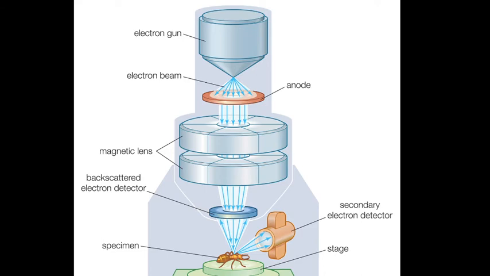So here we can see the electron gun is present, right? The electron gun can release electrons, and you can see there in the electron beam path there is an anode. The anode can accelerate the electrons, and the magnetic lenses can control the path of electrons.